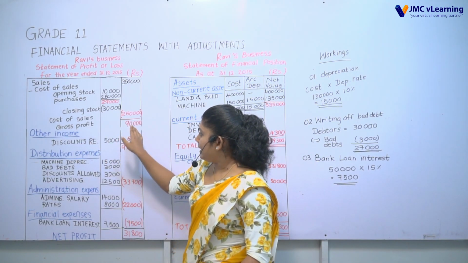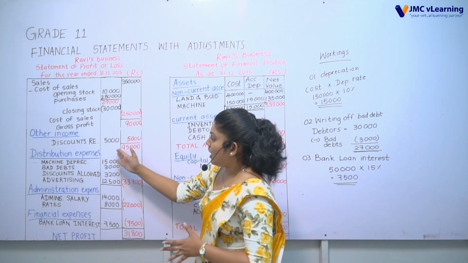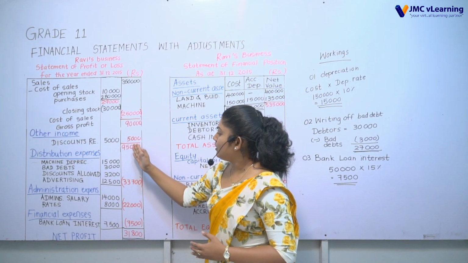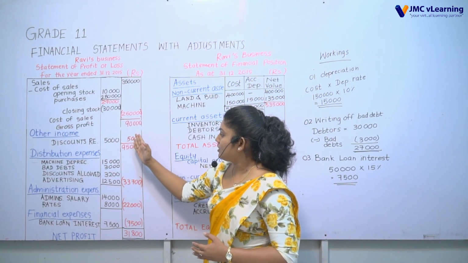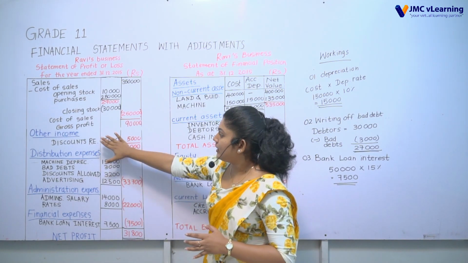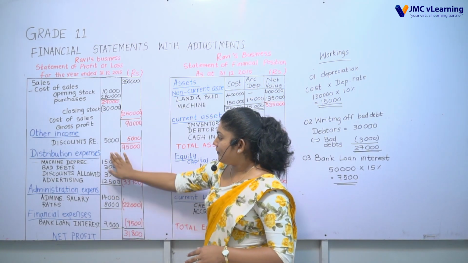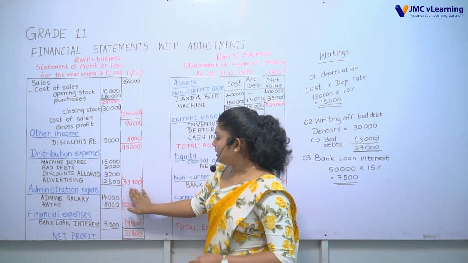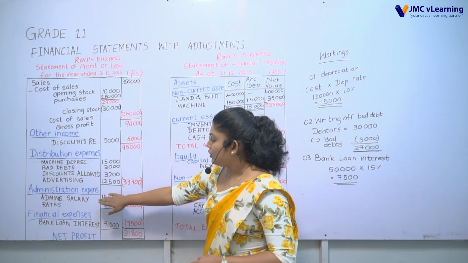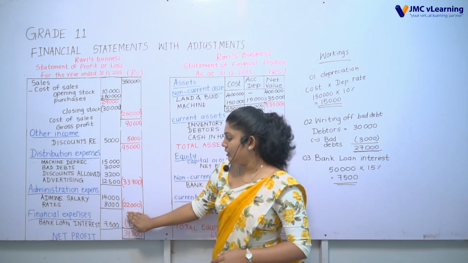And to the 90,000 we have to add other income. We only have discount received as our other income. When we add 5,000 of discount received to this 90,000, we get 95,000 total of other income and gross profit. The total of distribution expenses is 33,700. Then the total of administration expenses 22,000.